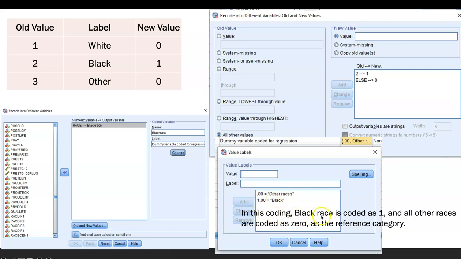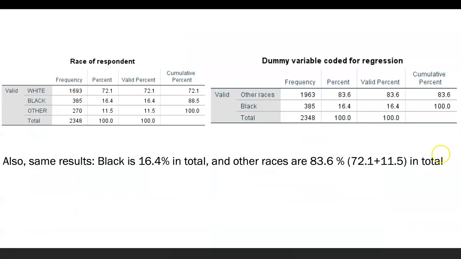In this coding, black race is coded as 1 and all other races are coded as 0 as the reference category. So you can manipulate this categorization based on your needs, but this time we are using African American as the target category. We will need to compare with the reference category.